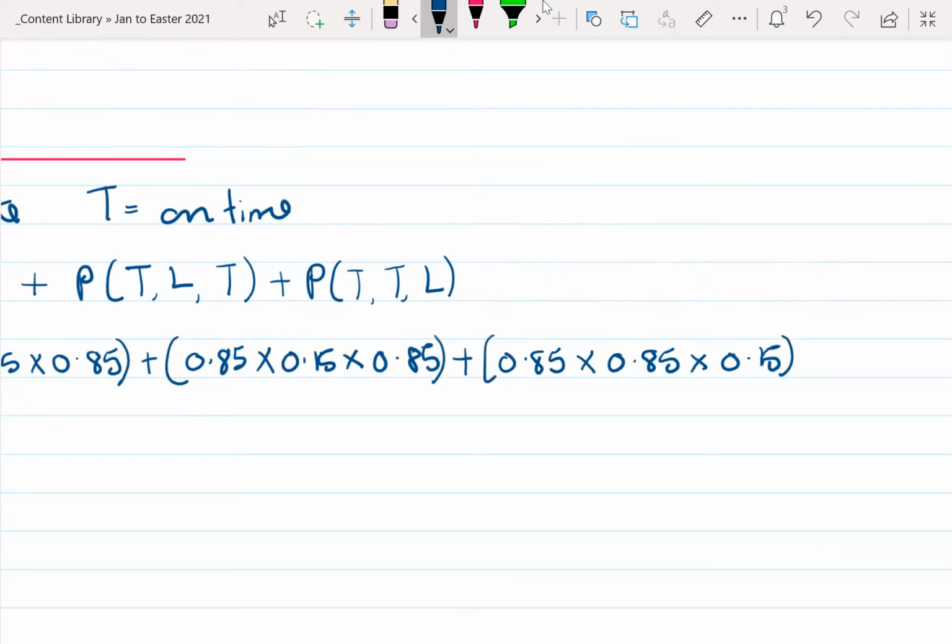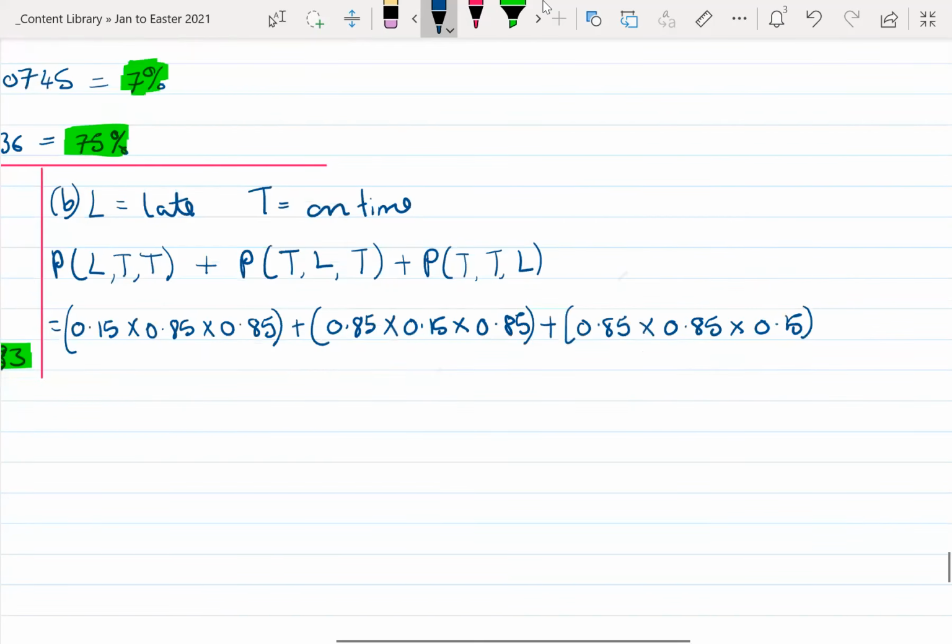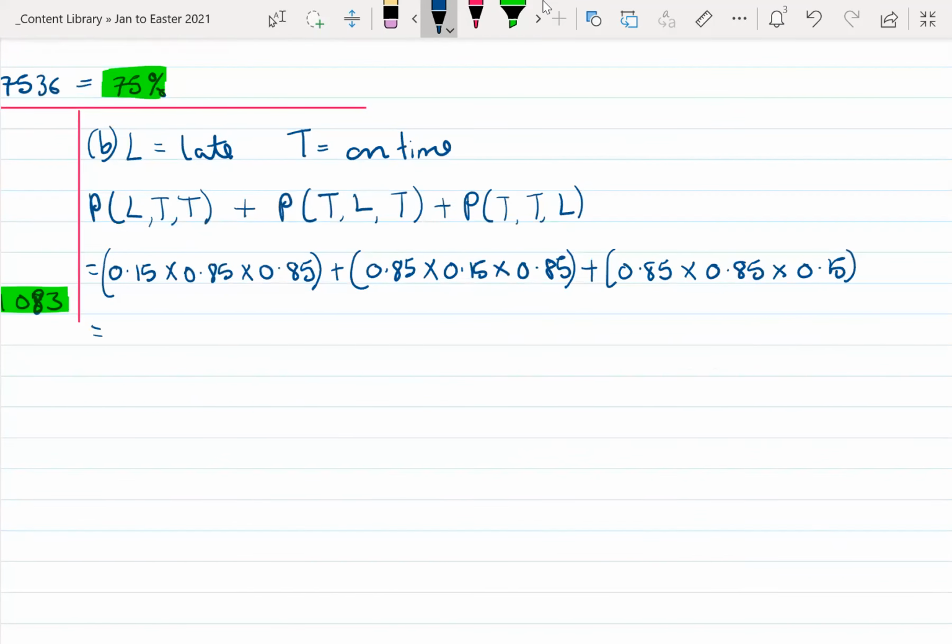Okay. As always, do it inside the brackets first. Now you multiply 0.15 by 0.85 by 0.85. It's actually the same sum we're doing for all of them. So once we multiply out the first bracket, we get 0.108375.